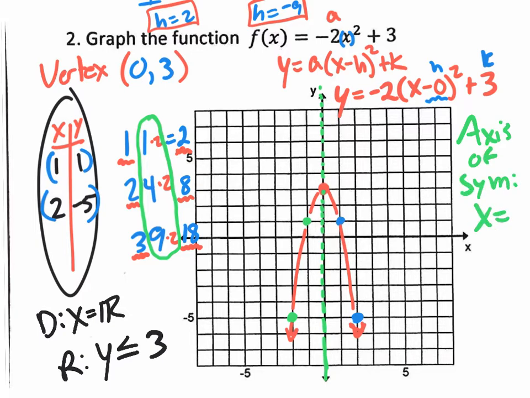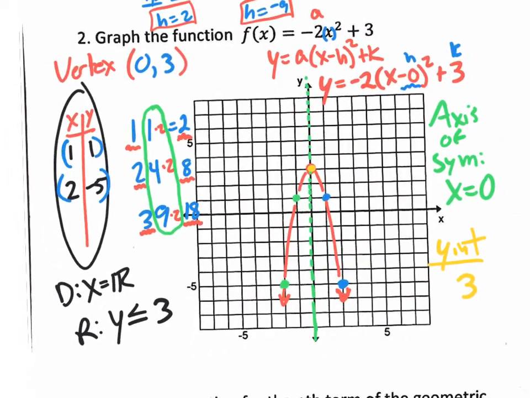X equals the X value of your vertex, which is 0. Right? How about your Y-intercept value? 3 in this case. Yeah, it crosses the Y-axis right here at 3. So that's all you could possibly state. I mean, you guys are way ahead of the game when it comes to parabolas, I think. I don't think they're going to ask all that on the final, but it's good to know they might.